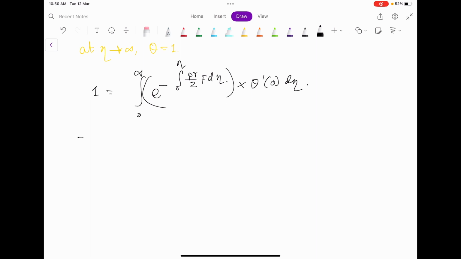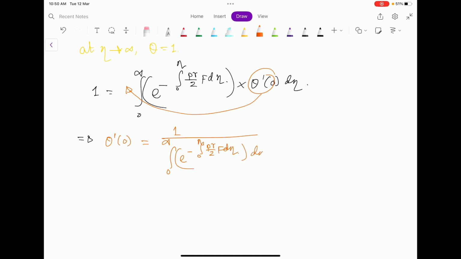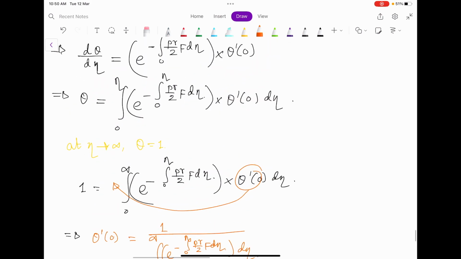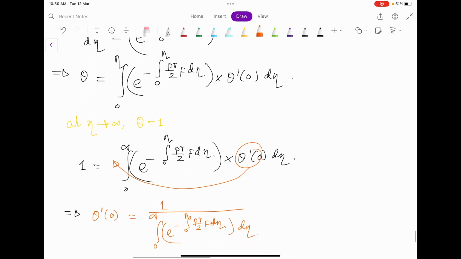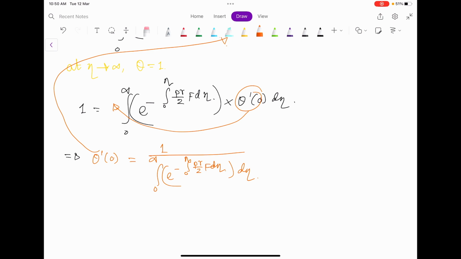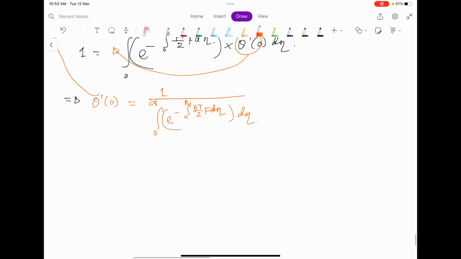Theta dash 0 is a constant, so I can take it out of the integration. So theta dash 0 is 1 by this integral. Now I have the full solution, because if I put this theta dash 0 here, I get theta. This is the formula for theta.